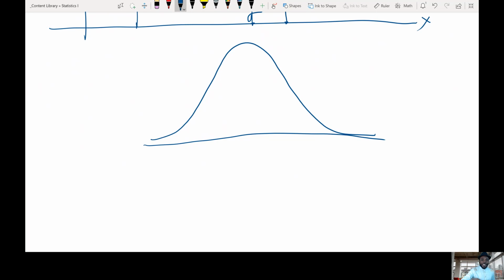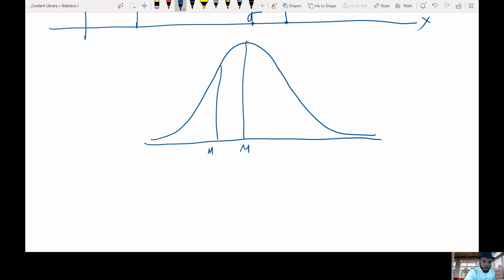Now remember, let me draw this again. The center point here is the mean, mu. Remember the empirical rule, which we looked at in the previous chapter. One standard deviation from the mean will be mu minus 1 sigma. And how much percentage did we say?